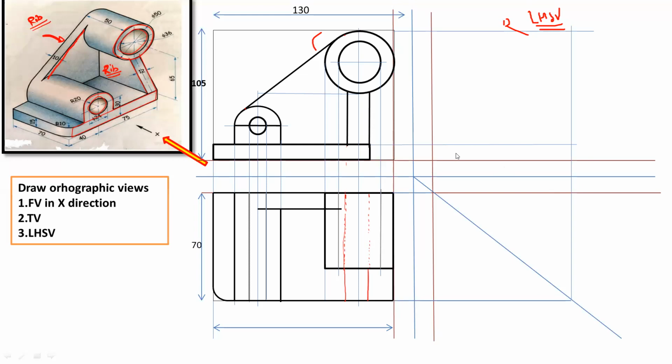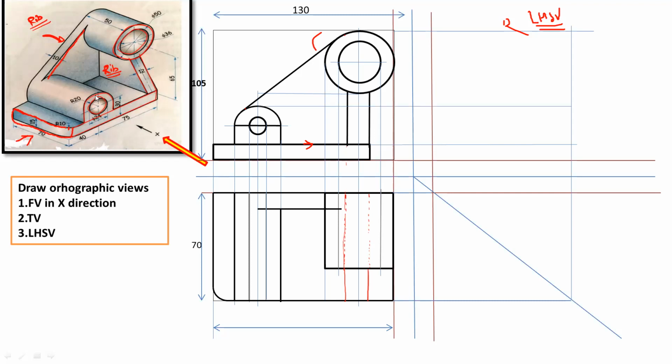So this projection line, so you can observe in the side view. So from this direction, this rectangle is visible. Okay. So for this rectangle, you will take the projection from this line. So this is the projection.